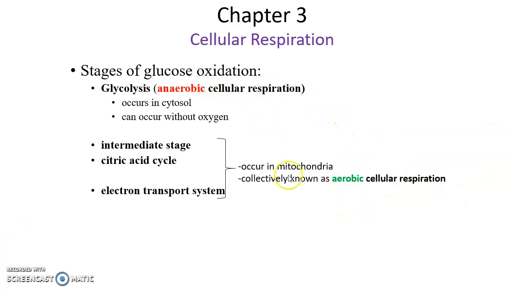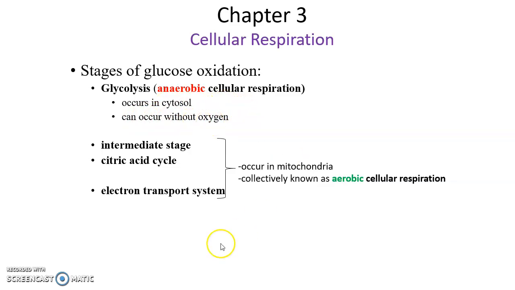Stages of glucose oxidation, or you could say stages of aerobic respiration or cellular respiration. We have glycolysis, intermediate stage, citric acid cycle, and electron transport system. Glycolysis is anaerobic, doesn't need oxygen, occurs in the cytosol, outside of the mitochondria.